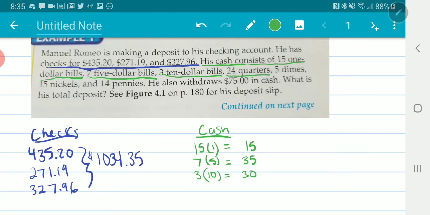And 24 quarters. Now my quarter is 0.25. So when I do 24 times 0.25, that comes out to $6.